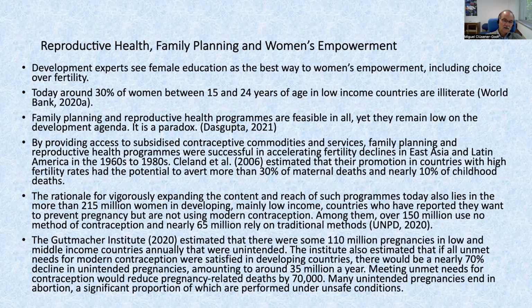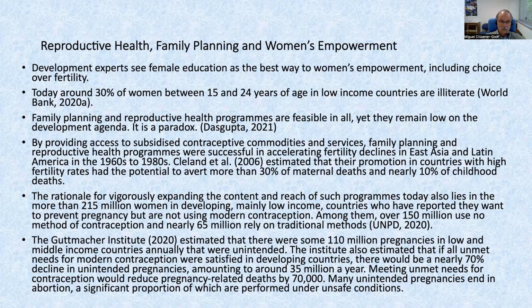There is a figure saying that 250 million women in developing or low-income countries have reported that they want prevention of pregnancy, but they have simply no access to modern contraception. 150 use simply no modern contraception and just rely on traditional methods that have their use, but they are not good.